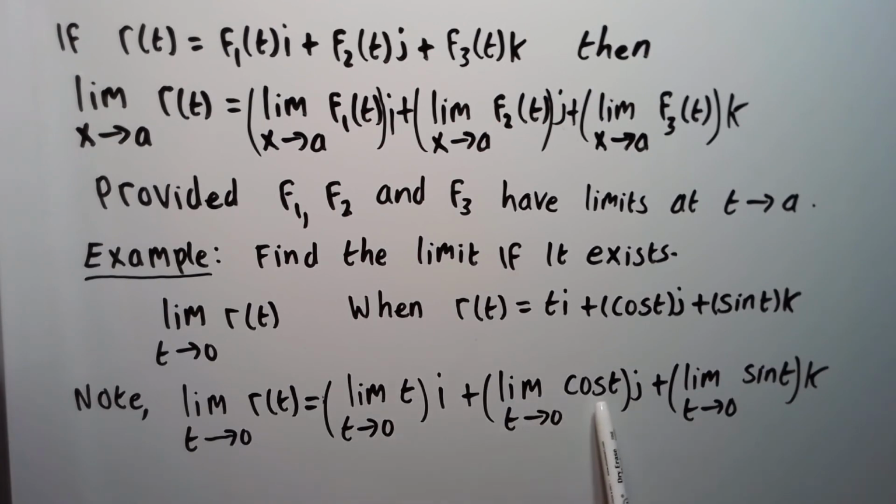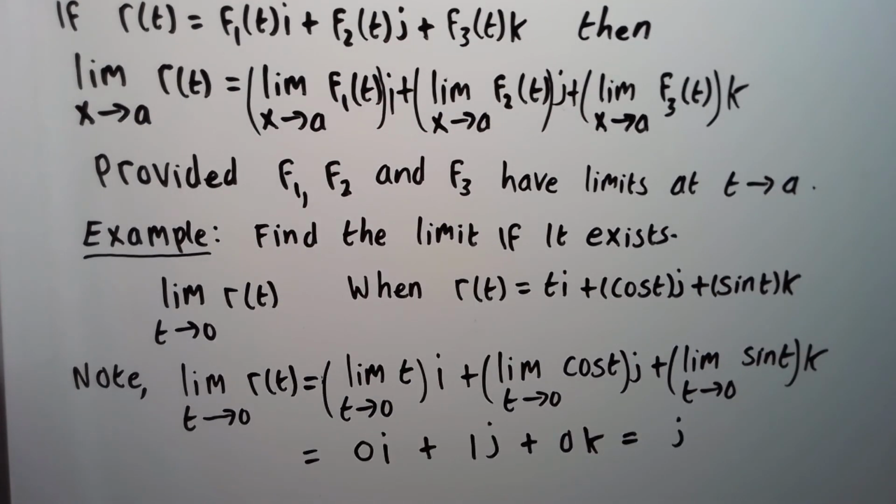And the limit as t goes to 0 of cosine, well the cosine of 0 is 1, so it's going to be 1j. And the limit as t goes to 0 of sine, well the sine of 0 is 0, so it's going to be 0k. So let me write my answer here. Okay, so it's going to be 0i plus 1j plus 0k. You can just write that as j as your answer. Okay, so we're done with this example.